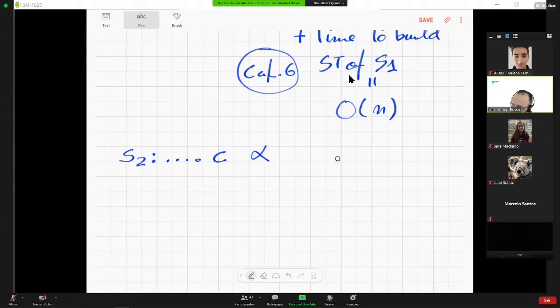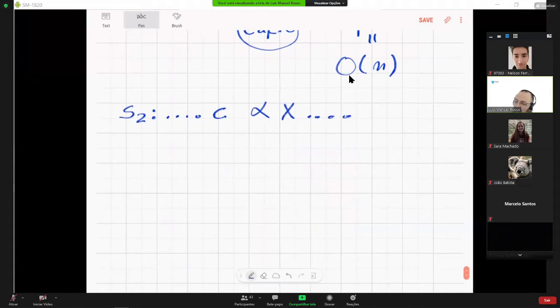Let's assume that I have some X, right? Something like that. Right, so what's happening in this algorithm? Okay, so what's happening is that here you have the suffix tree of S1. Okay, so you have this suffix tree over here.